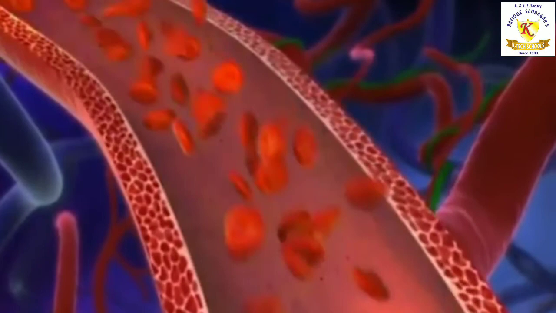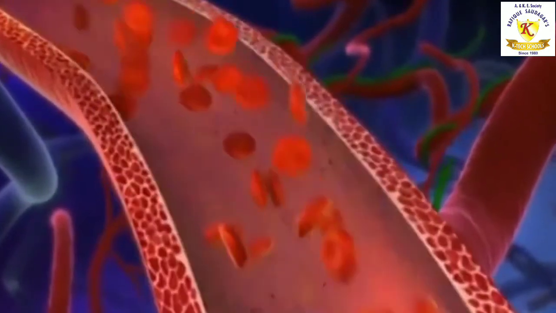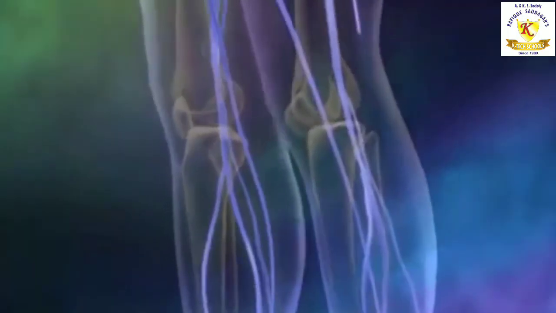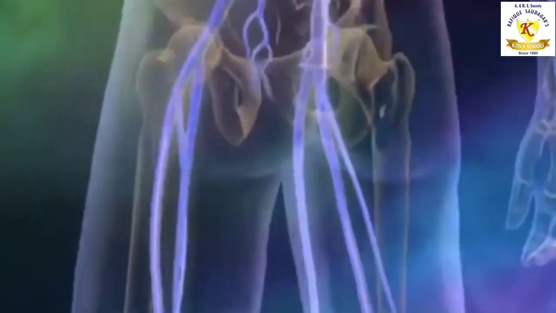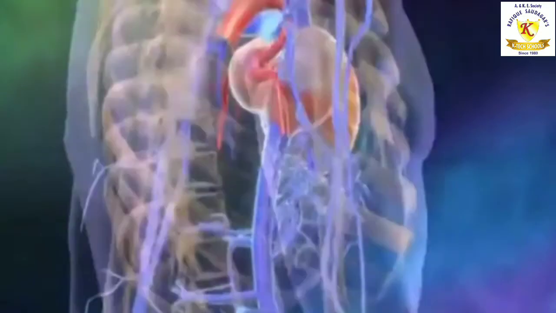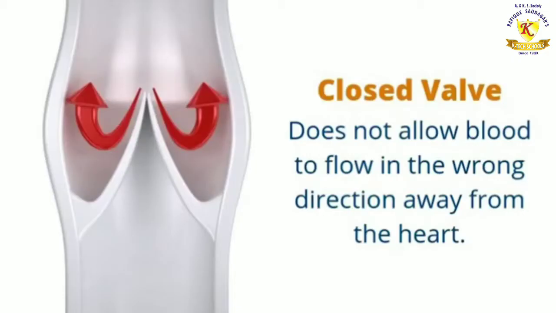Because they transfer the high pressured blood which comes out from the heart to all body organs, whereas the walls of veins are thin, because in veins the blood is not at high pressure.